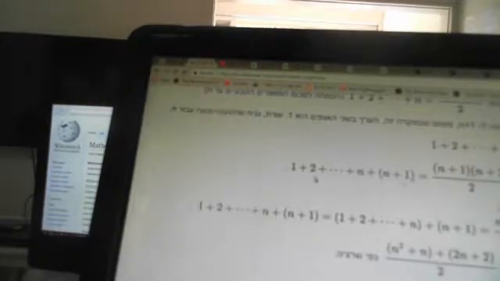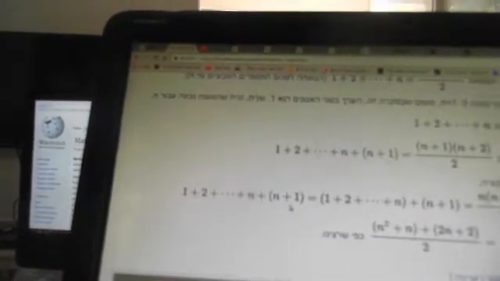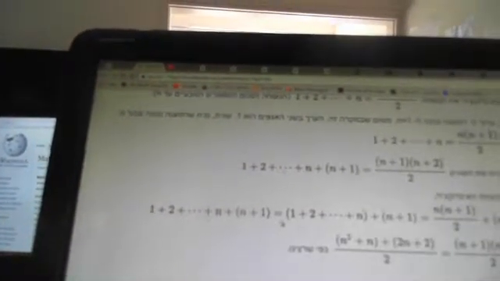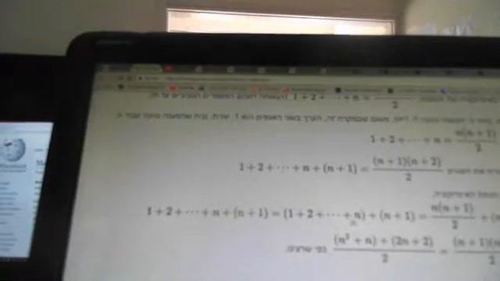The left side of the second equation is 1 plus 2 plus 3 plus 4 plus etc. plus n plus n plus 1. What is it equal to?